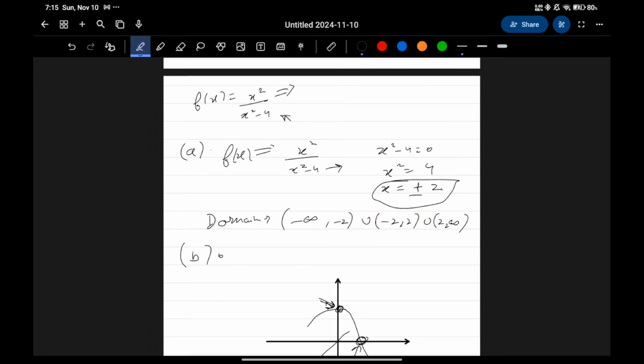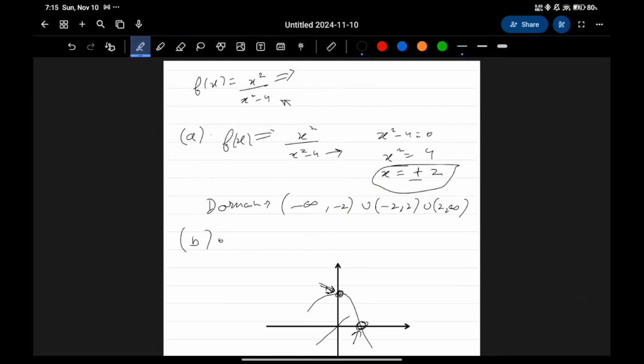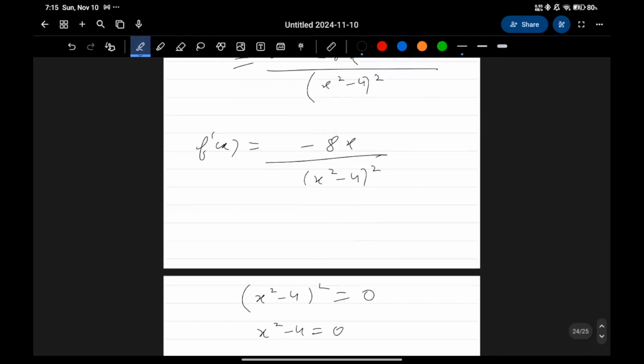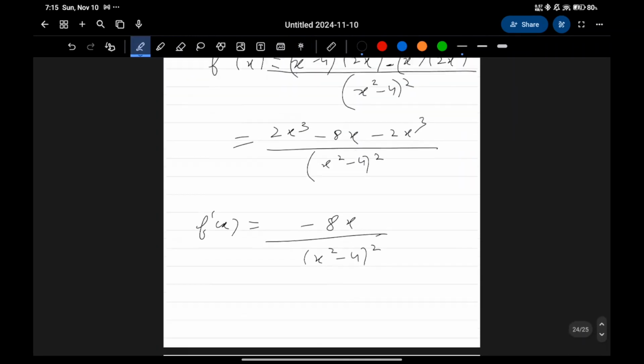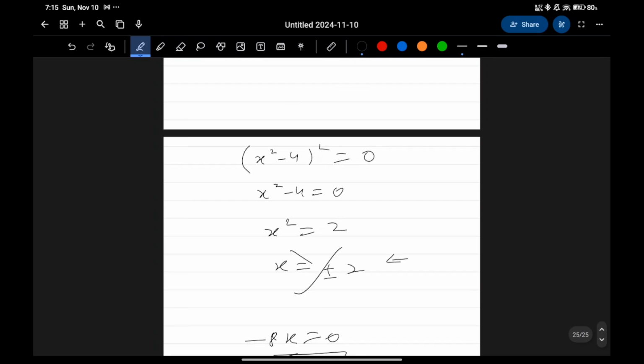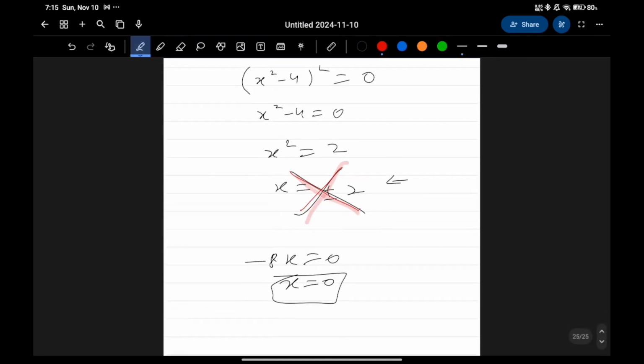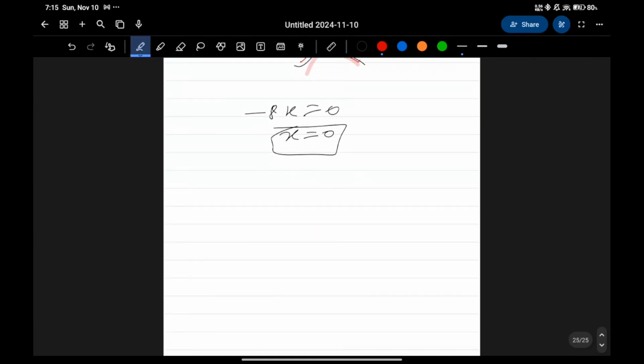Somebody asked me how do we know if they are critical or not. They have to belong to the domain. They are not inside the domain. So that's why these would not be my critical points. Okay? Cancel them out. So the only critical point is 0.